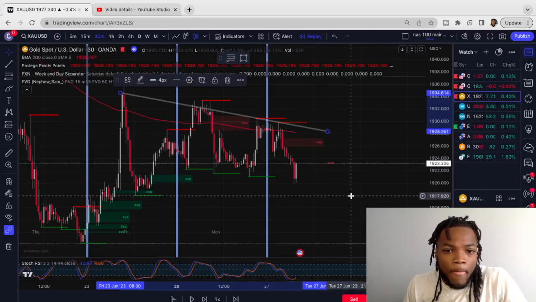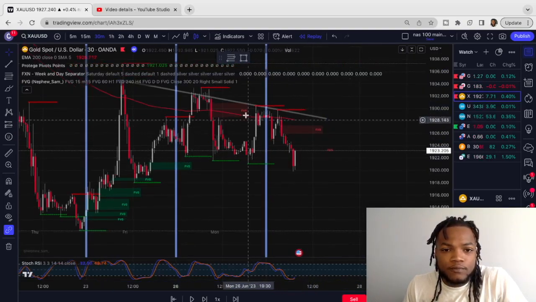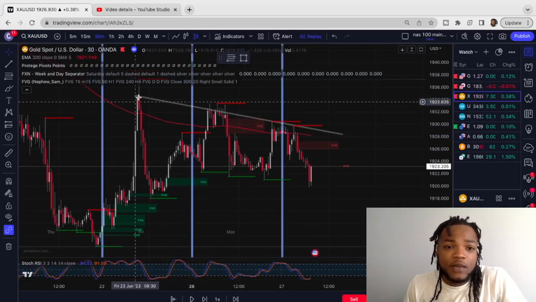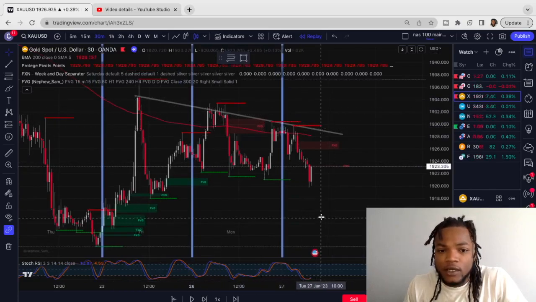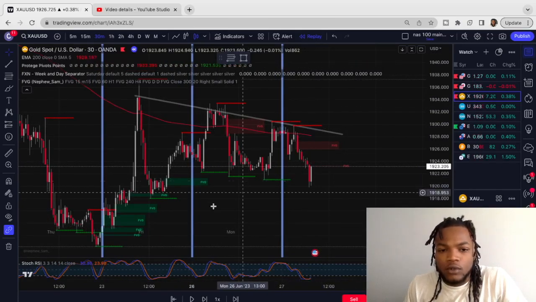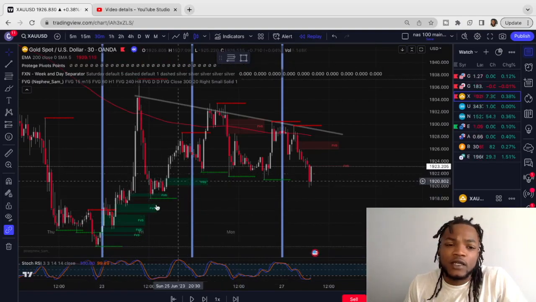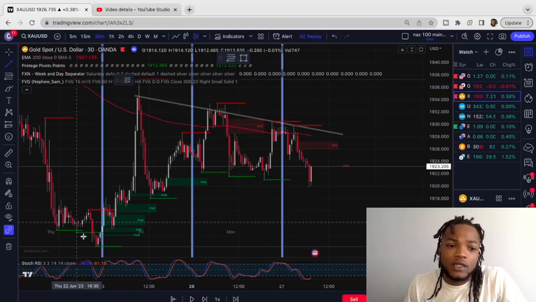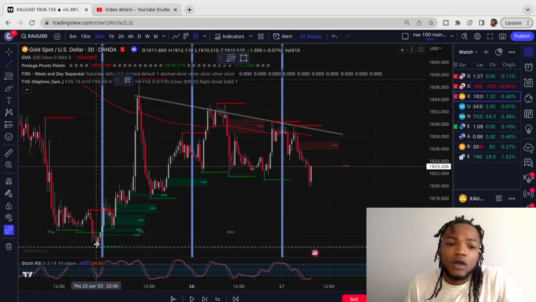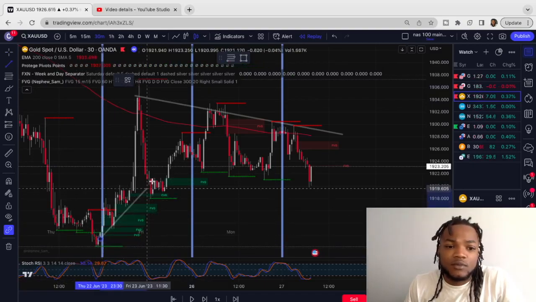So we're just gonna play it out. After every single time it hit this trend line, it sold. And every time it hits the trend line, it buys. That's what makes it a trend line.